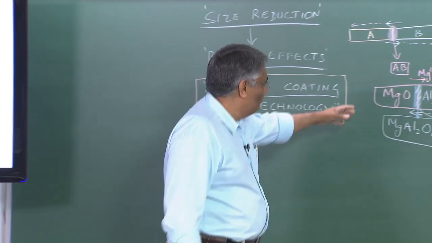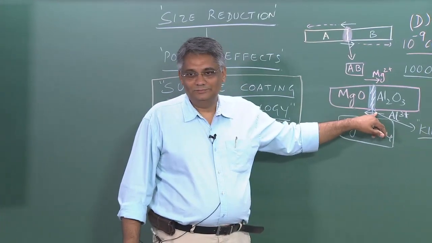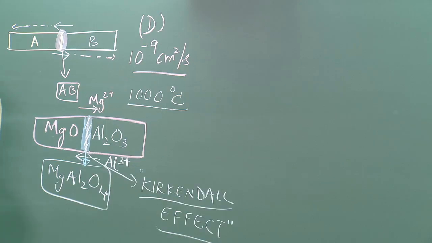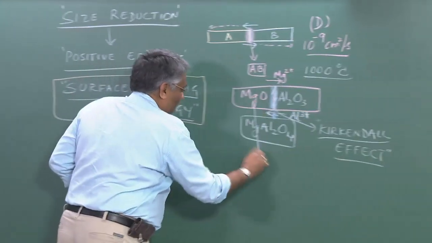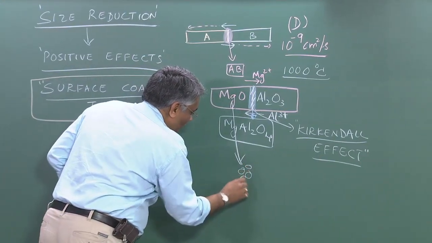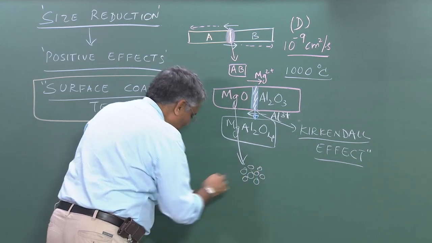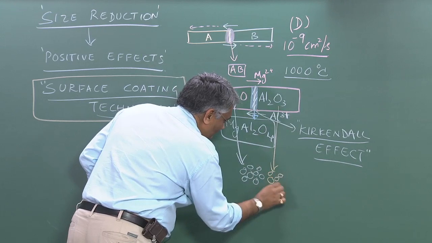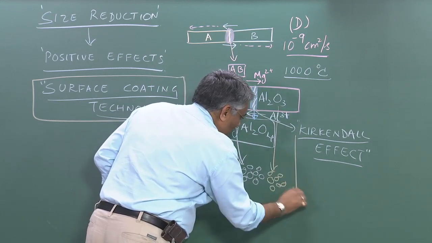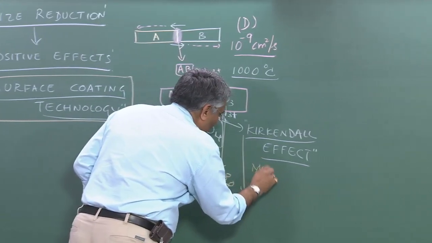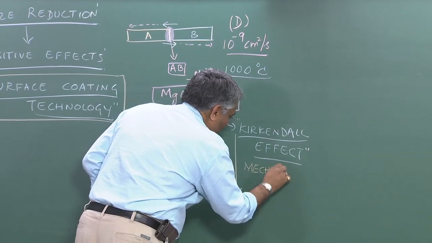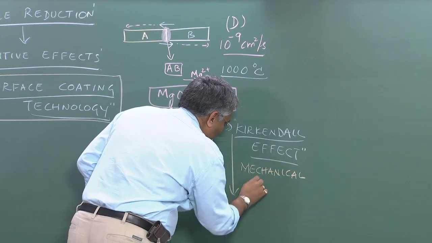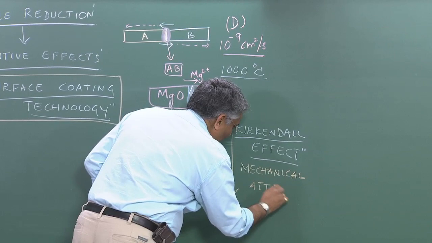So how do you hasten this reaction? The best thing is you pulverize it. Get it down to smaller particles. So this you are doing by mechanical attrition.